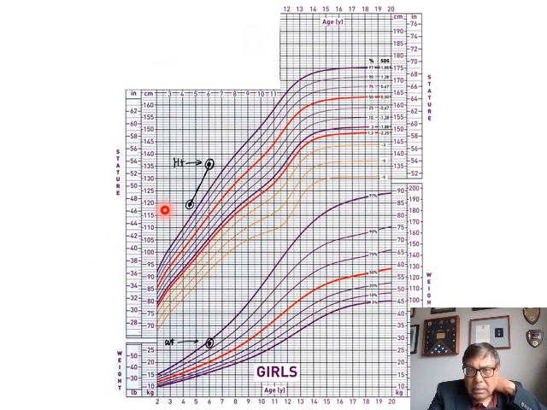And the first visit height was here, then it was here. Got lost in the follow-up, and so this is where they came to the endocrine clinic, and the weight shows that she is on.